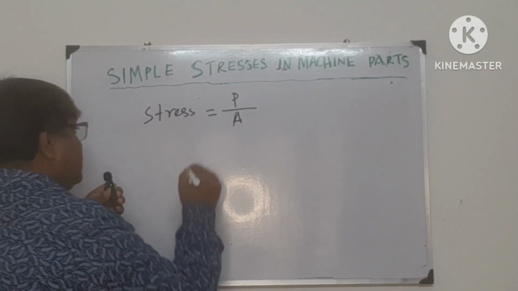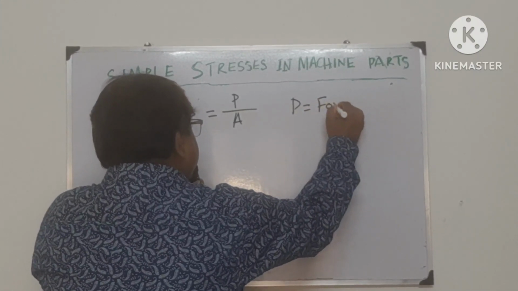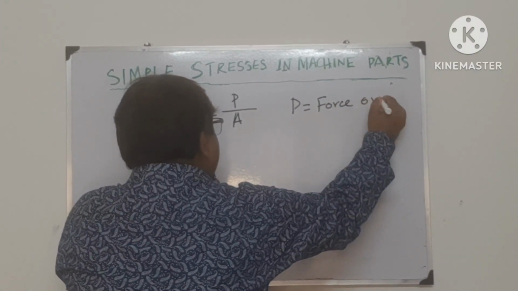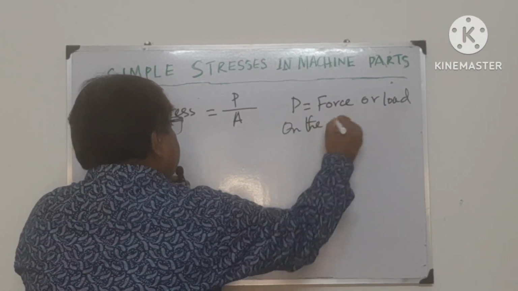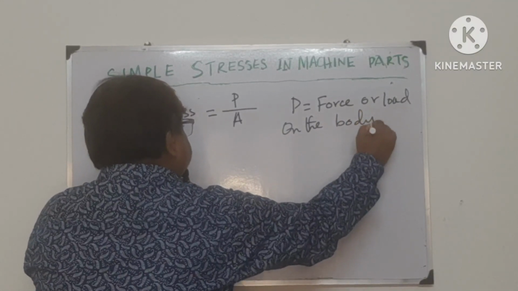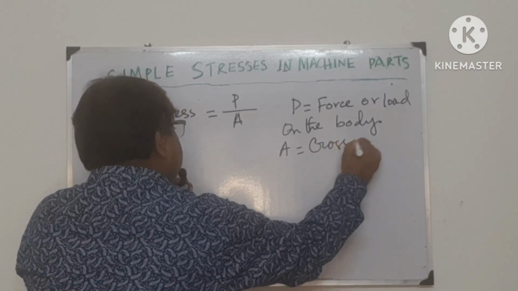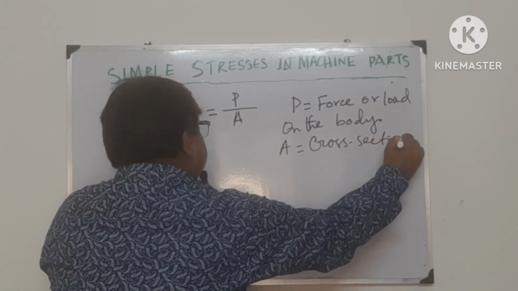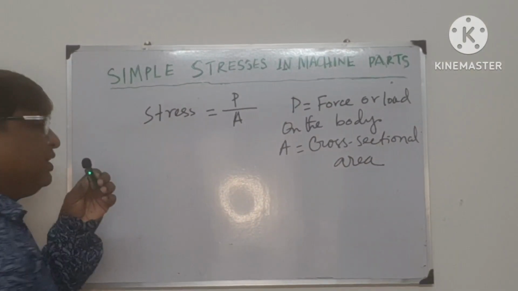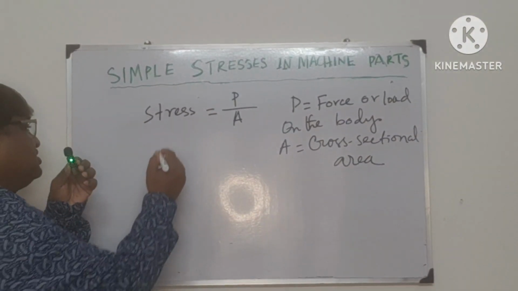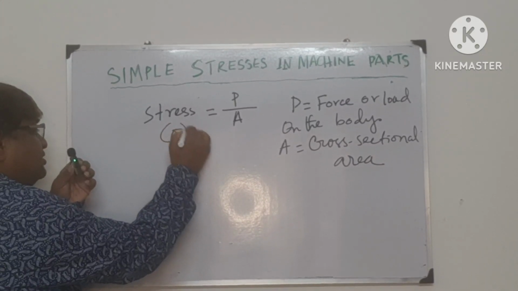Here we can write P is equal to force or load on the body, and A is equal to cross sectional area. In Greek letter, stress is denoted by the letter sigma.